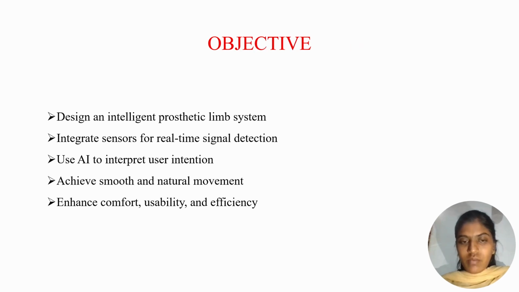The objective is to design an intelligent prosthetic limb system integrated with sensors. Already we saw this in the introduction diagram. Use AI to interpret the user's intention and achieve smooth and natural movements, enhancing comfort, usability, and efficiency.